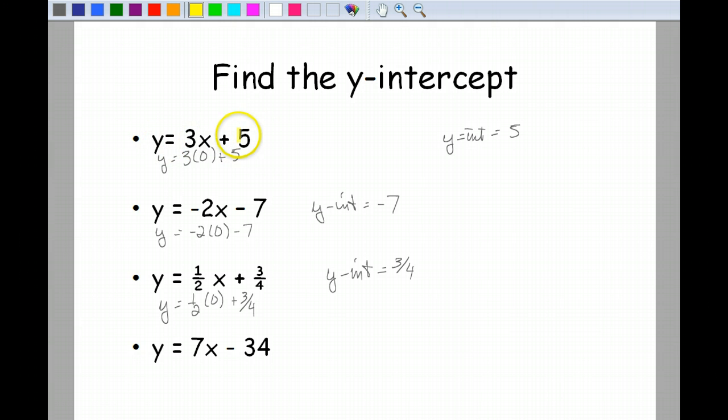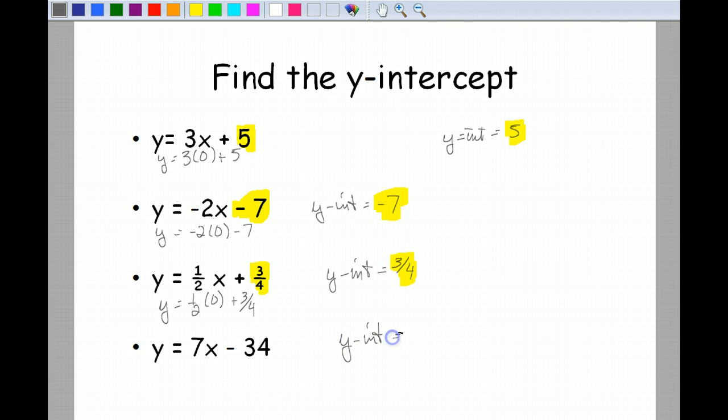Oh, I'm in this certain form. 5, negative 7, 3/4. My y-intercept is 3/4. So this form is called slope-intercept form. So what's this y-intercept without doing any work?